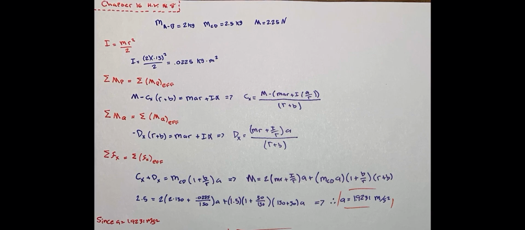And plugging in our knowns there and solving for A, we get 1.9231 meters per second squared.